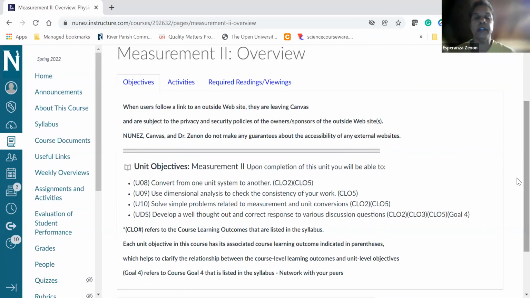Okay, so you can see here from the Measurement 2 overview the kinds of things that we'll be focusing on this week. And that's primarily how you convert from one unit system to another. And we'll be using the dimensional analysis process to do that.